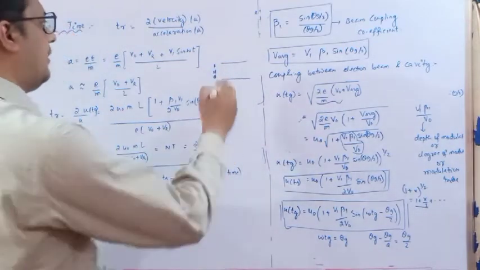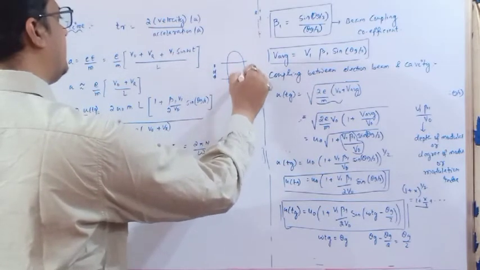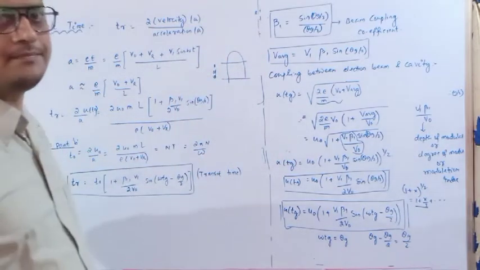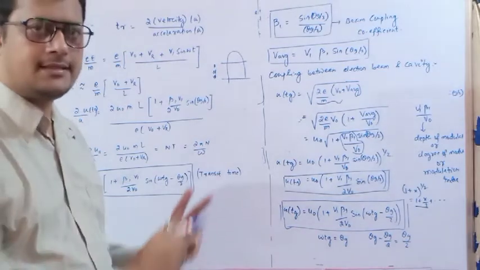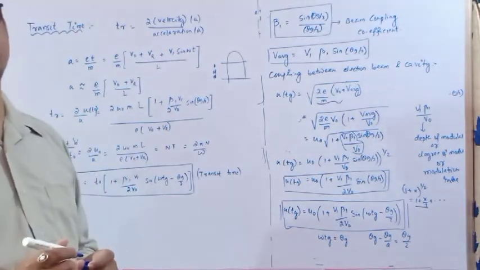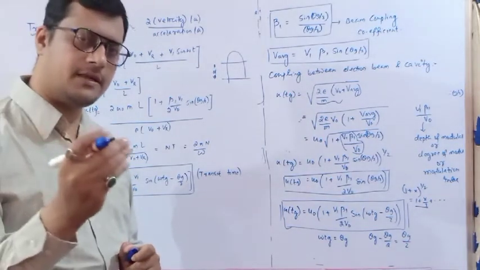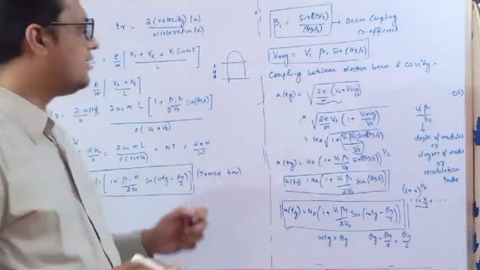First the electrons are crossing with a velocity and again returning to the same cavity, so we have to consider twice the velocity, divided by the acceleration of an electron, and that acceleration is given with respect to the accelerating grid.